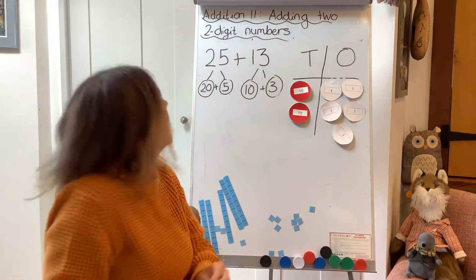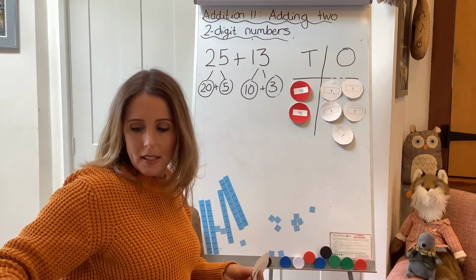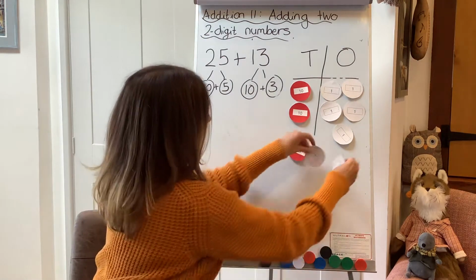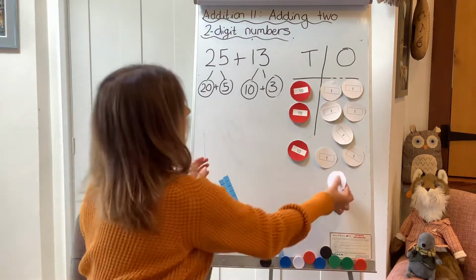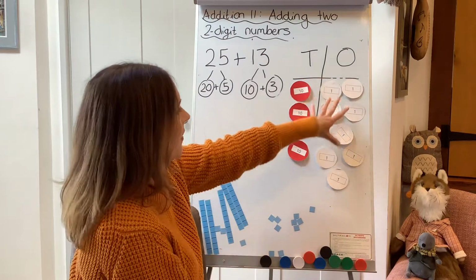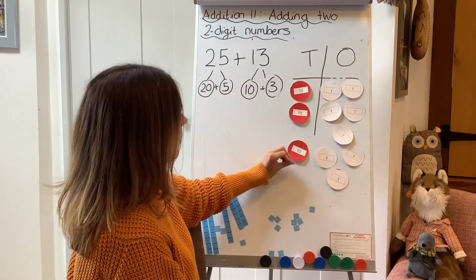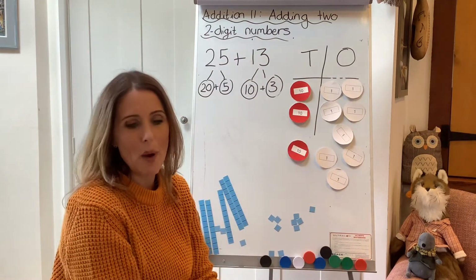And we can make 13, which is made up of 1 10 and 3 1s as well. And then we can add them together. 5 and 3 is 8 1s, 2 10s and 1 10 is 3 10s, so it makes 38 as well.